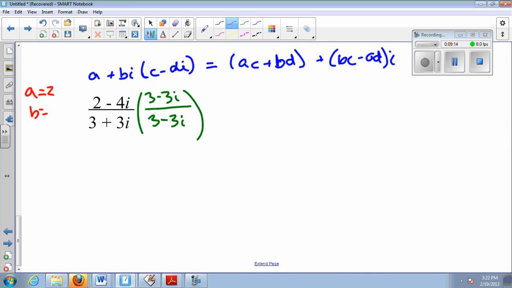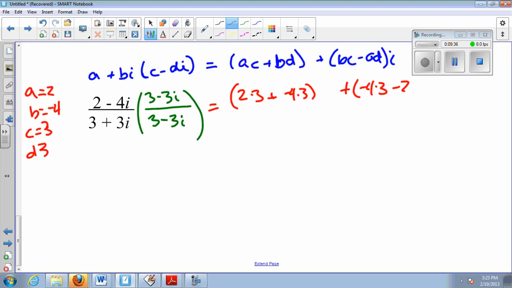A is 2, b is negative 4, c is 3, and d is 3. So we get 2 times 3 plus negative 4 times 3, plus negative 4 times 3 minus 2 times 3i, over c squared, 3 squared, plus d squared, 3 squared.